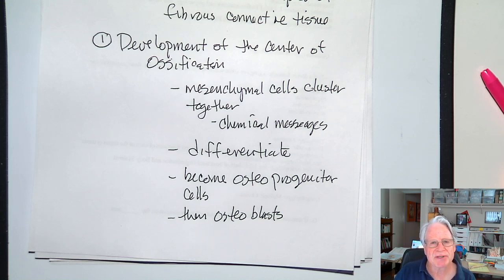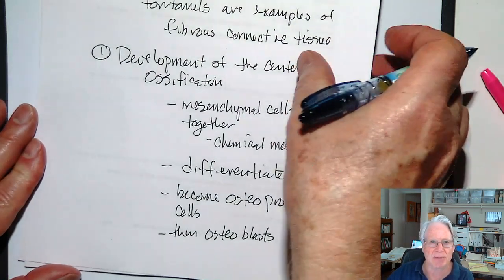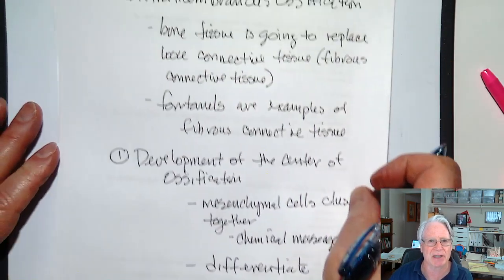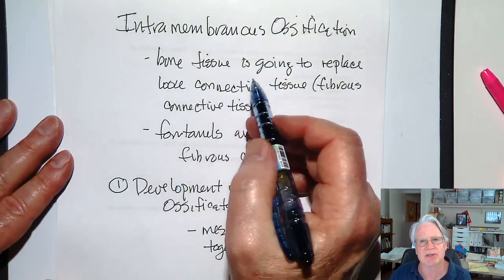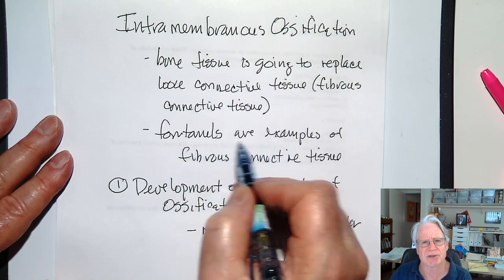Now remember, this is happening on that surface of fibrous connective tissue. So the very first step is actually listed up here. I don't think I made that clear enough. So the bone tissue is going to be replaced with loose connective tissue, and the fontanelles are an example of that.